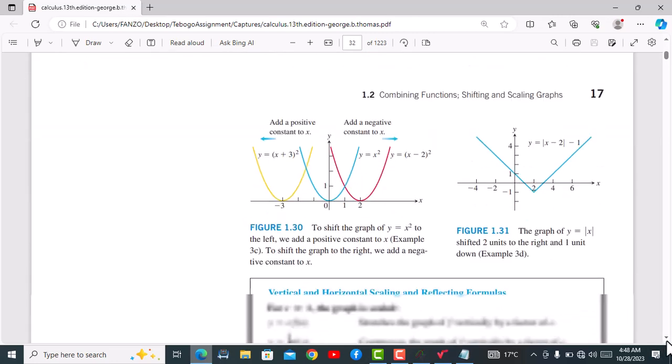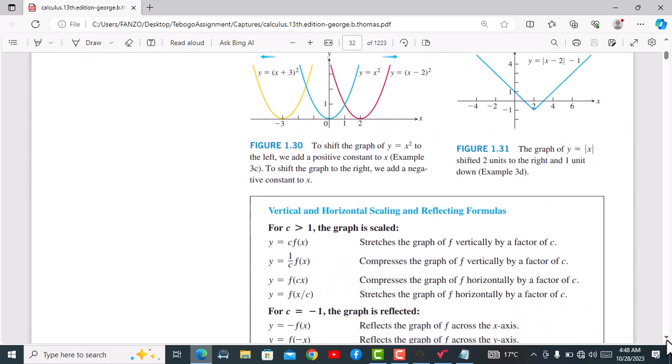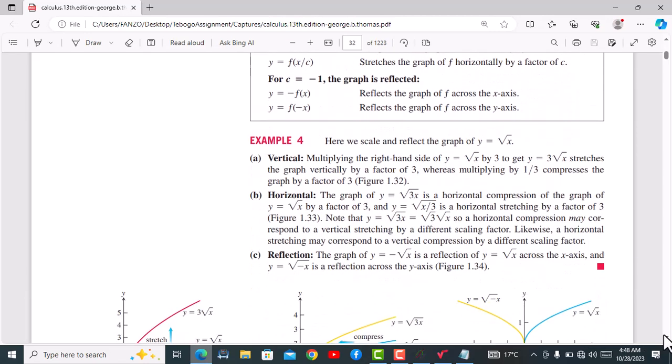Reflections across the coordinate axis are special cases where c is equal to -1. Okay, that is fine. We have translated the original function 3 units to the left and 2 units to the right. We have translated the modulus function 2 units to the right. I'm not going to do a lot of work.